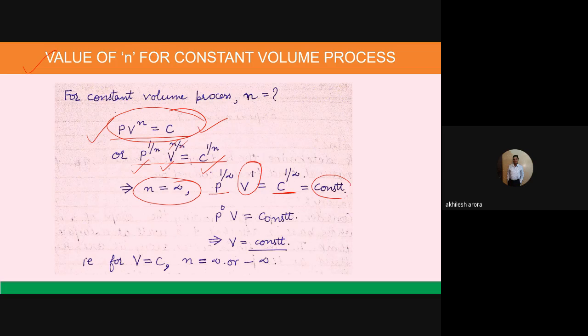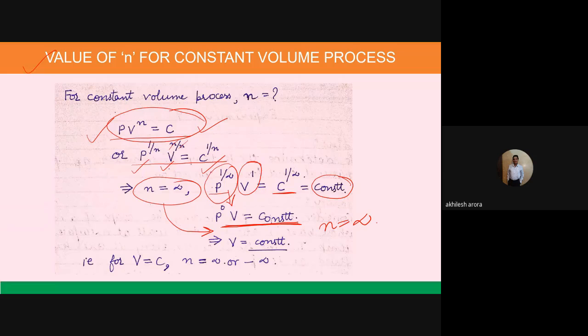We can consider the right hand side as constant, and P raised to power 1 by infinity becomes P raised to power 0. So it becomes V is equal to constant actually. That means for a constant volume process, the value of N will be equal to infinity.